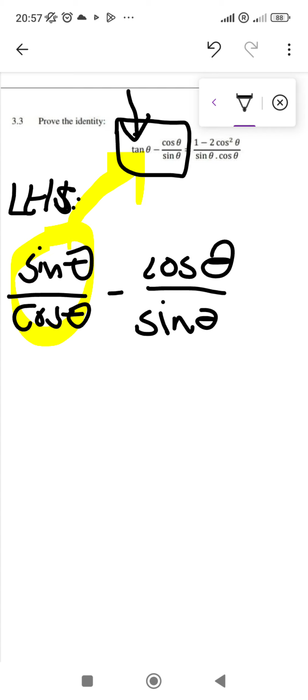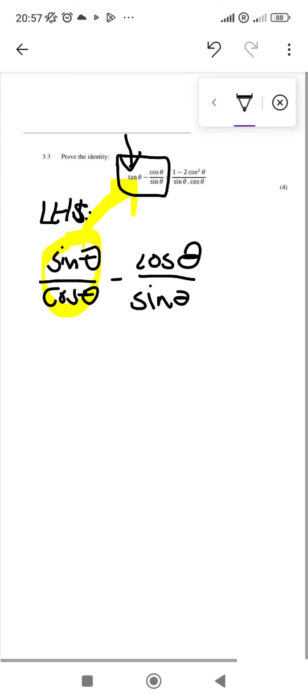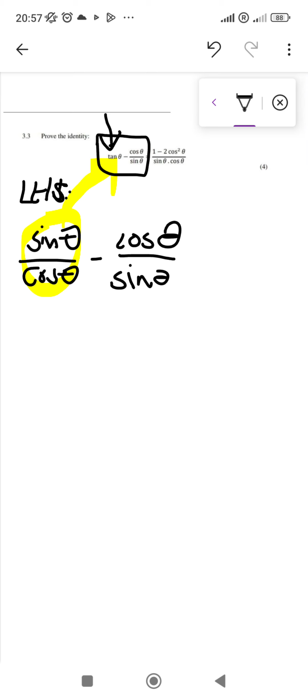In order to add and subtract fractions, we need the denominators to be the same. So we are going to multiply the fraction over here with sine theta on top and at the bottom, and the fraction on the right hand side we're going to multiply with cos theta.